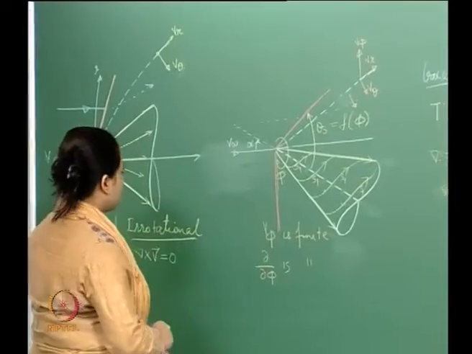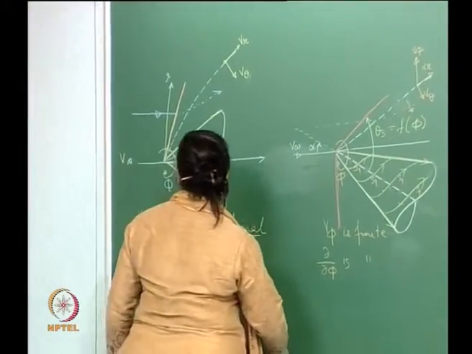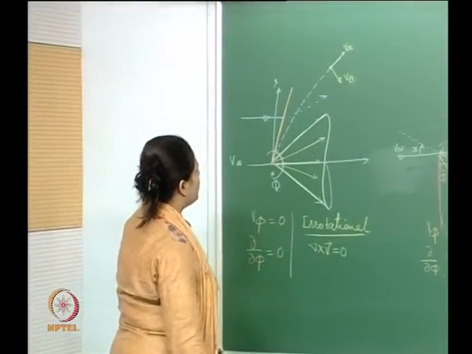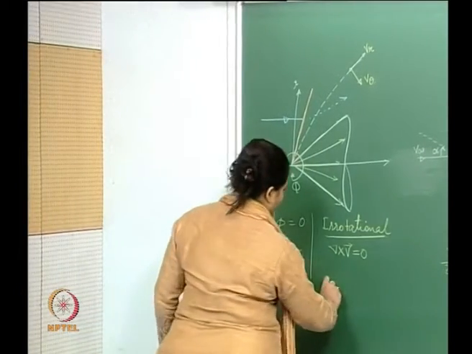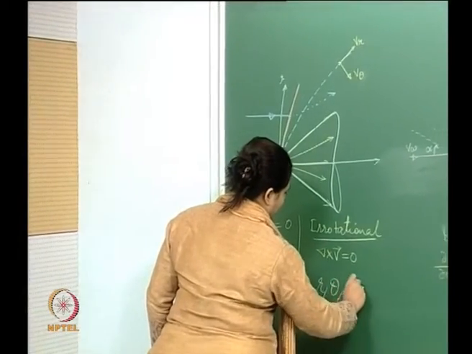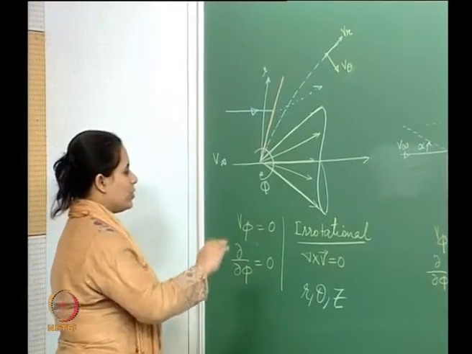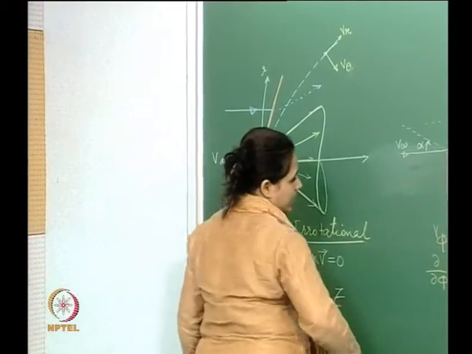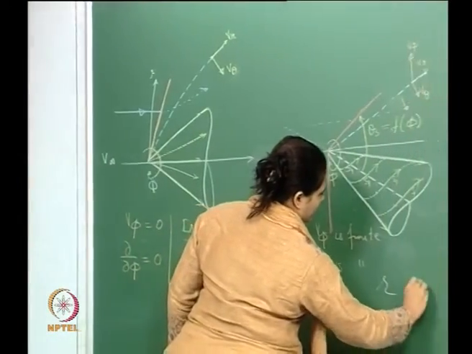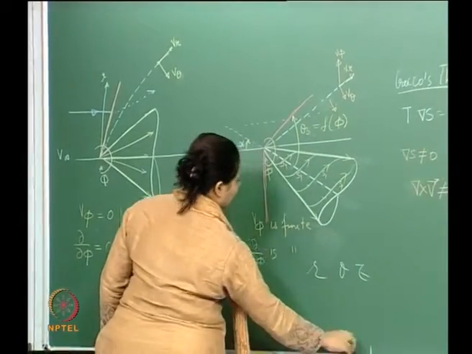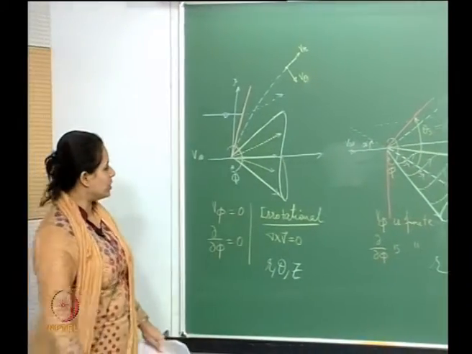Okay. So, of course, to wind up slowly. In this particular case we have r, theta and z, we have these coordinates for both these cases.